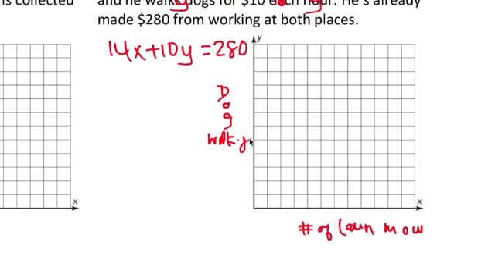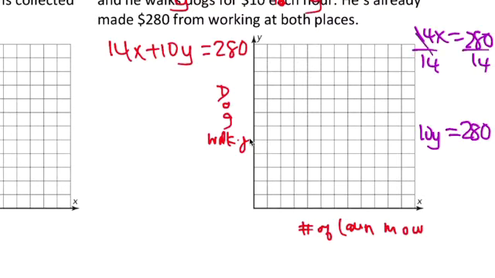Okay. We can do our work on the side here. X intercept is 14X equals 280. Y intercept is 10Y equals 280. Go ahead and, looks like it's 20. Divide by 14. Divide by 10. Figure out how to number it.